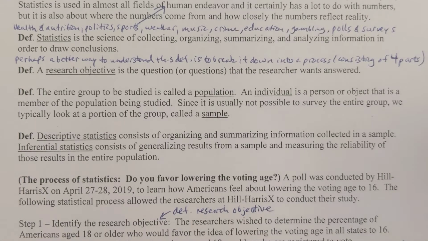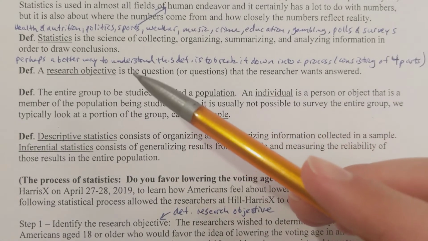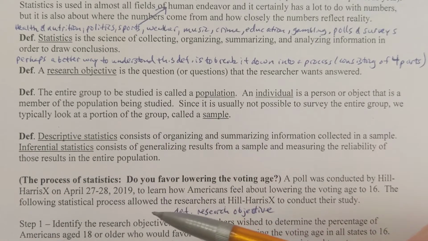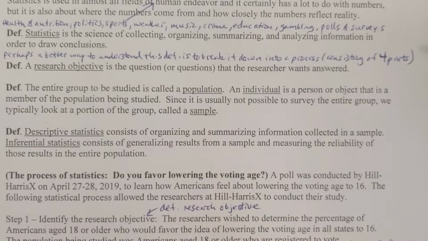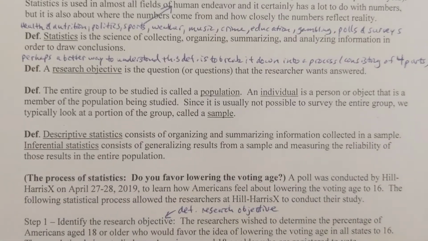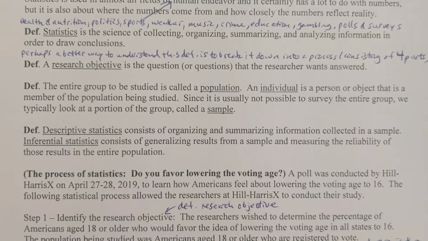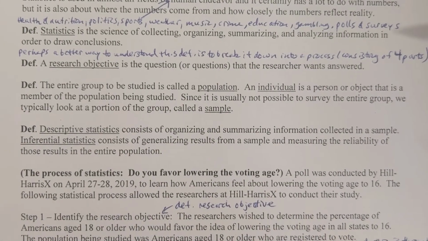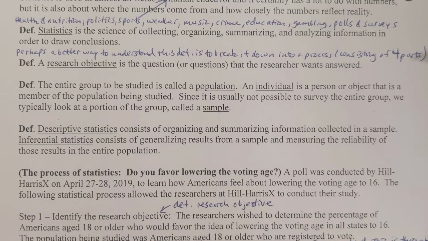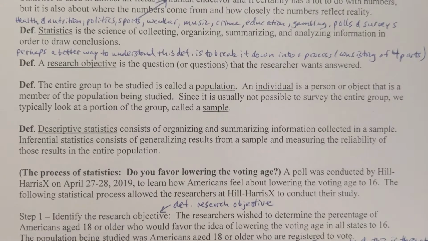Perhaps a better way to understand the definition of statistics is through this process that we're going to look at here. It says that statistics is the science of collecting, organizing, summarizing, and analyzing information in order to draw conclusions. Some people say that statistics are just numbers. Although that's partially correct, there's way more to the definition than saying it's just numbers.